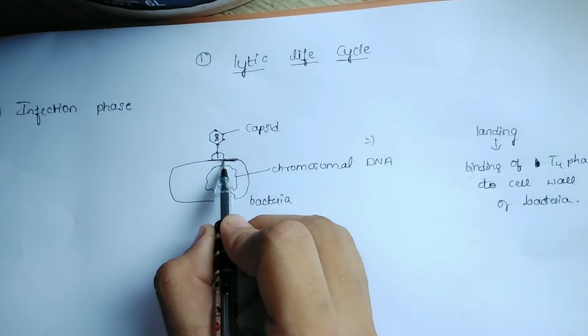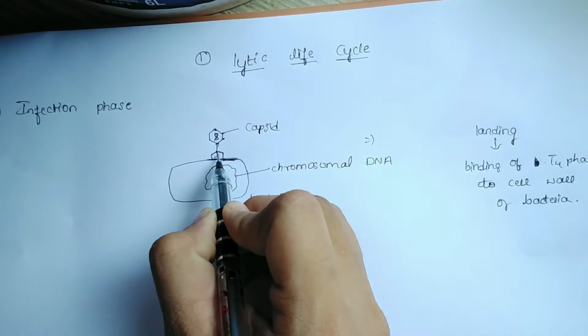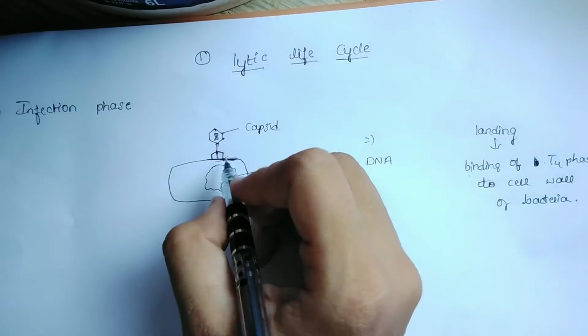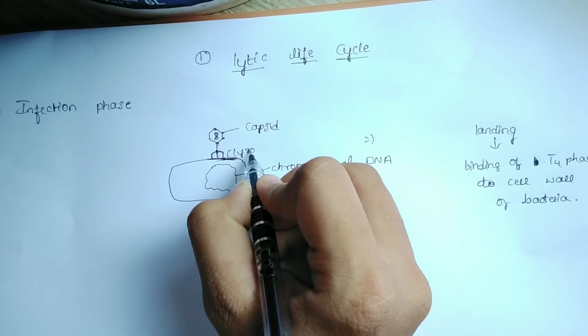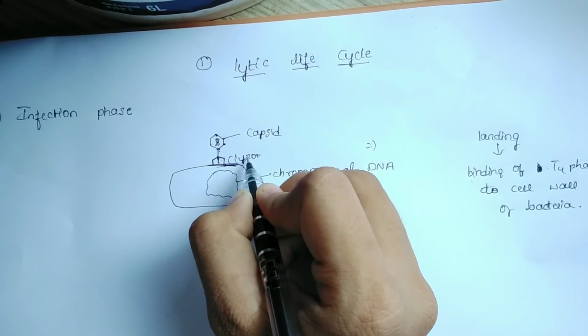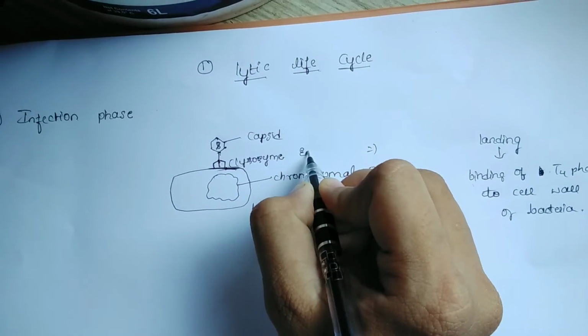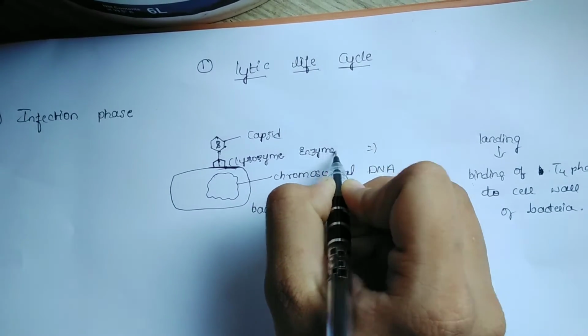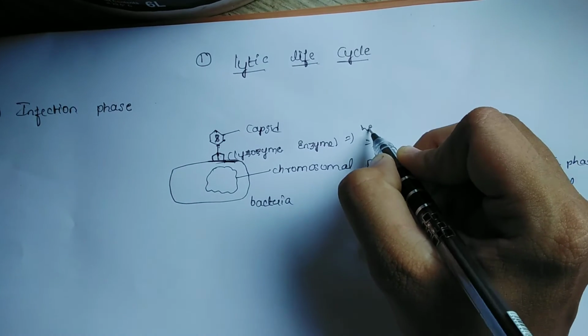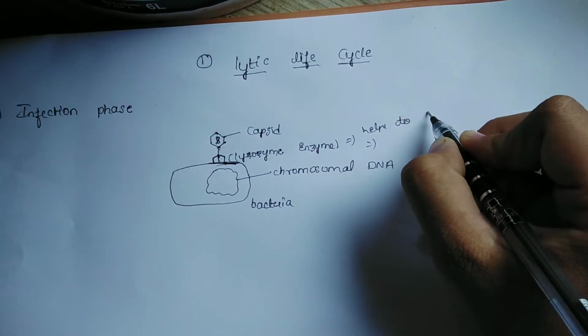Now it is landed, and this is the tail fiber. It contains the lysozyme enzyme, which helps to destroy the cell wall.